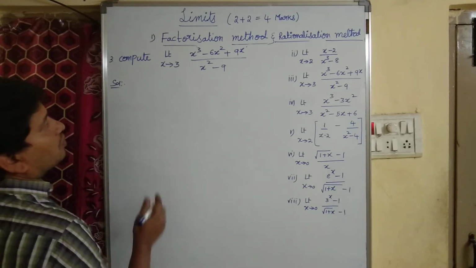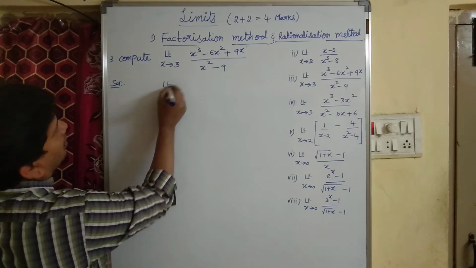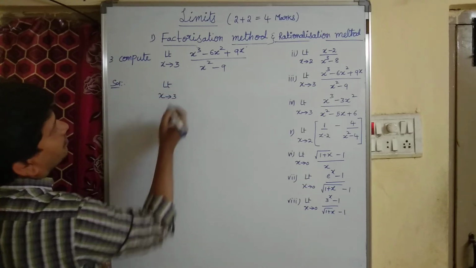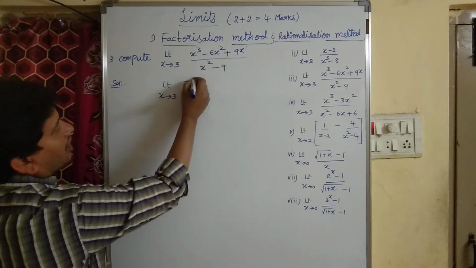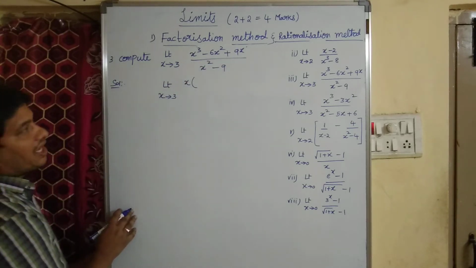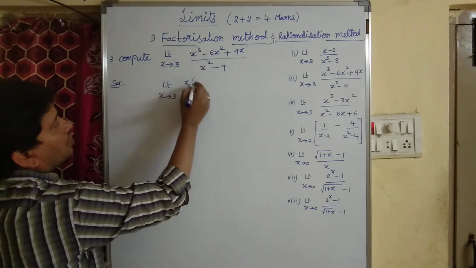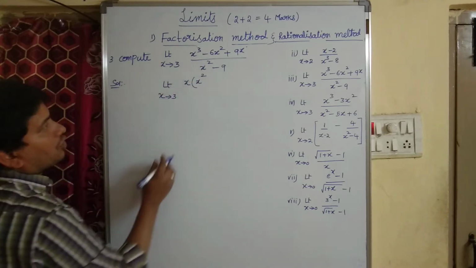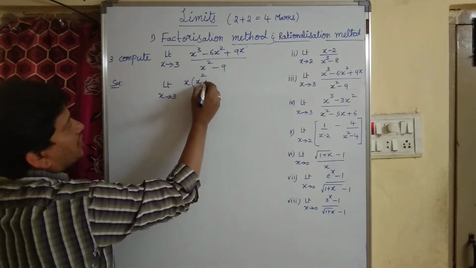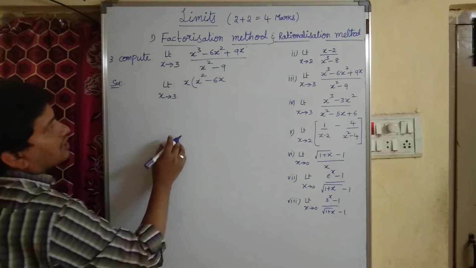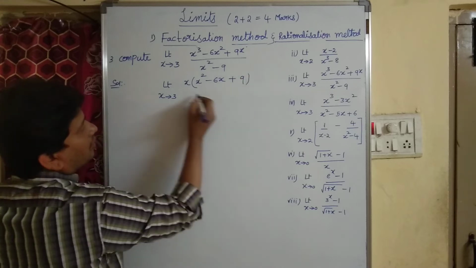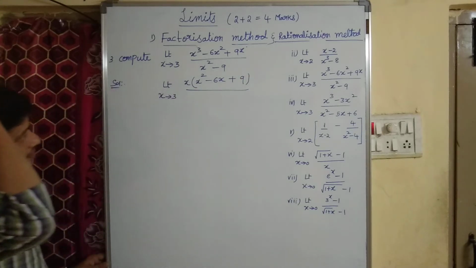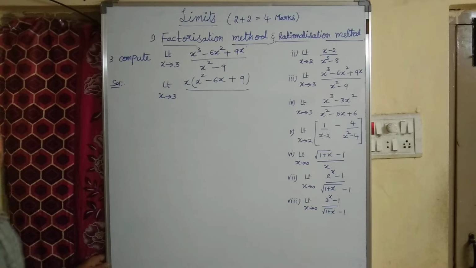What we will do is, from the numerator let me take x as common. If I take x as common, x into x square becomes x cube, minus x into 6x, 6x square, plus x into 9, 9x, divided by x square minus 9.